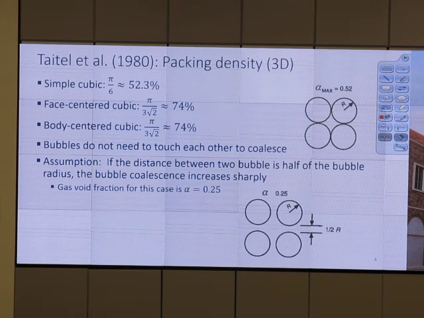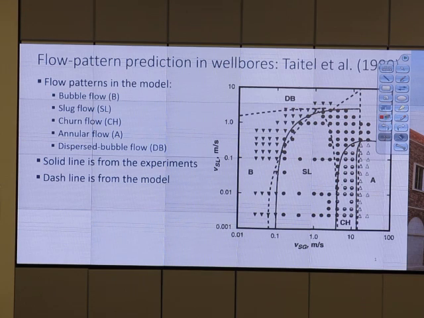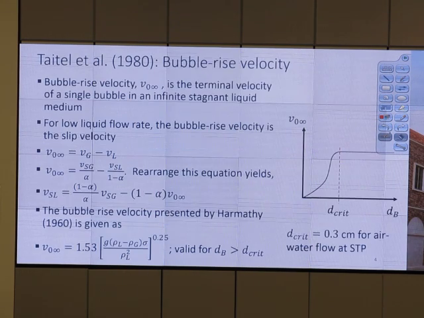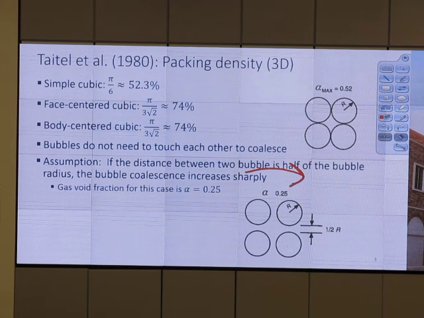So the assumption is that if the distance between the bubbles is half of the radius, or a little bit more, bubble coalescence increases sharply. When bubble coalescence happens, we don't have small bubbles, right? We form a Taylor bubble. So the assumption is that if the void fraction is greater than 0.25, we move from bubble to slug. Okay, 0.25.